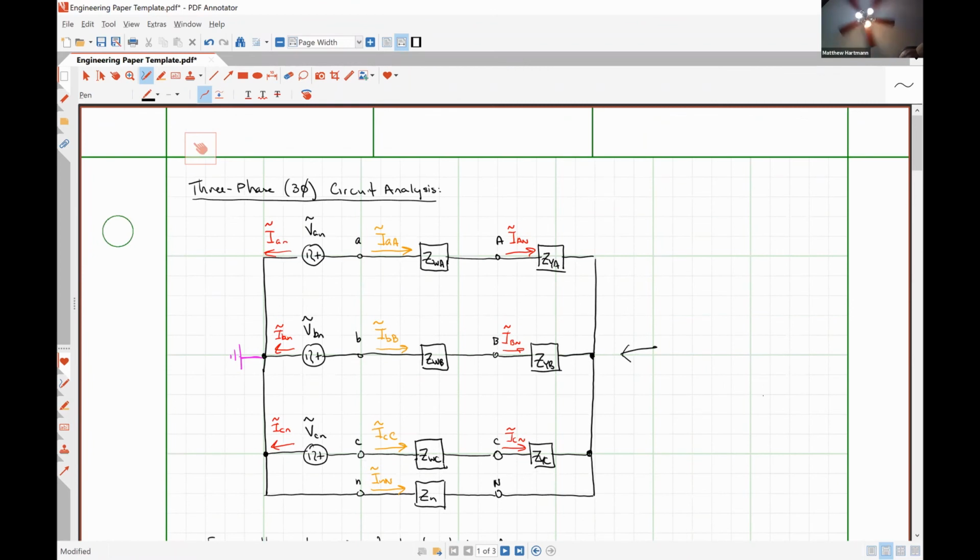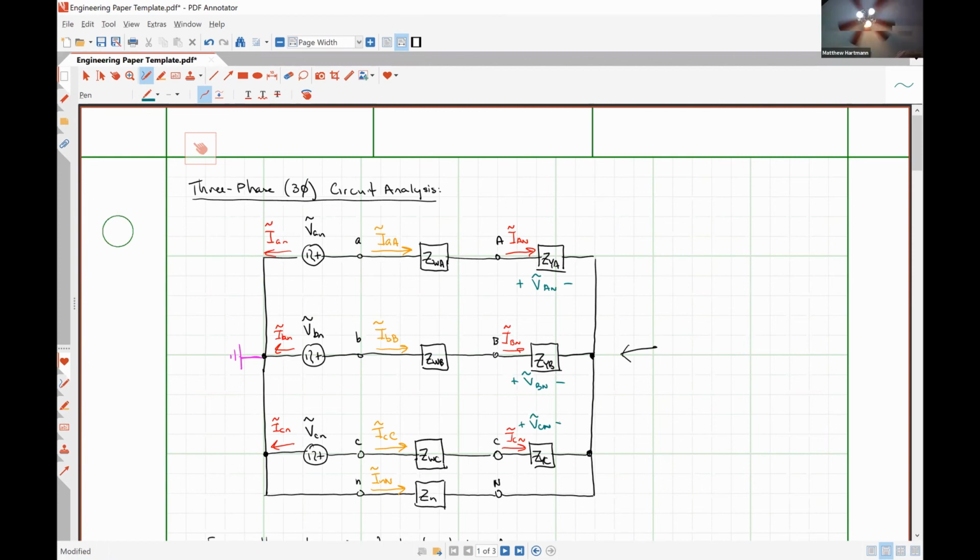Using Ohm's law, our phase voltage at the load is simply going to be our phase current through the load multiplied by the impedance of the load.